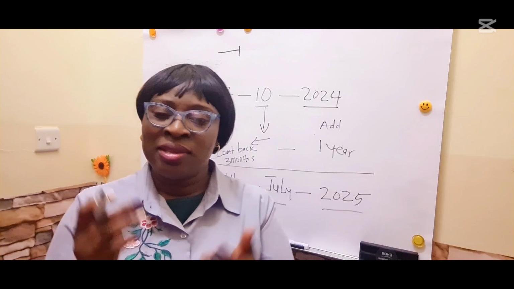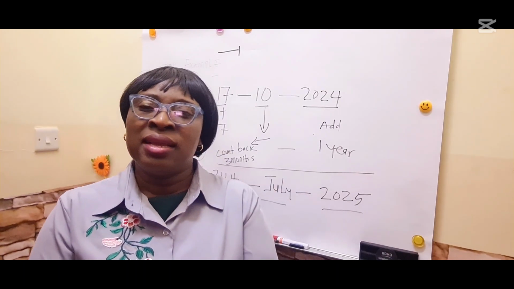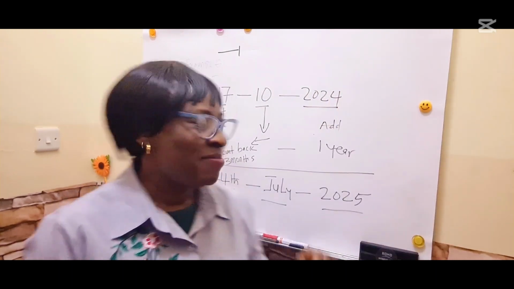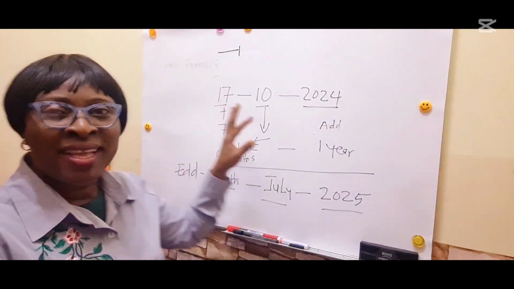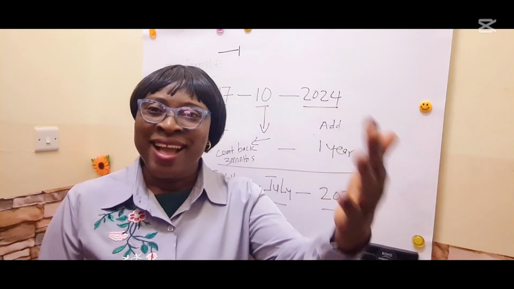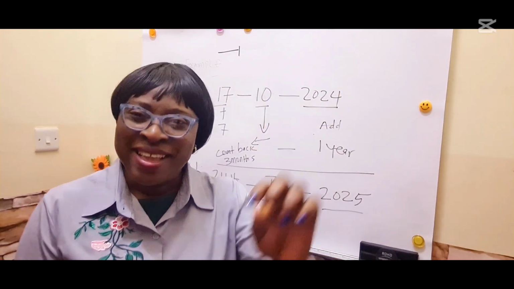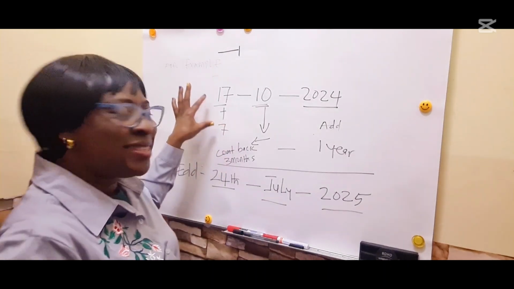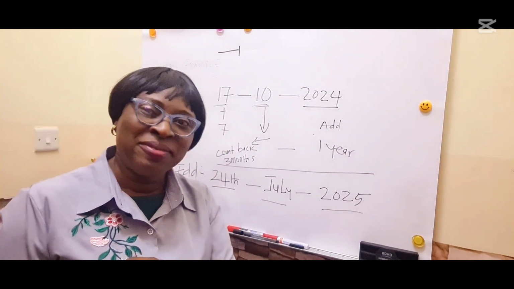And another formula, this one I consider a very simple way of calculating. What she will do is just add 7 days to the first day, and then add 9 months and 1 year.